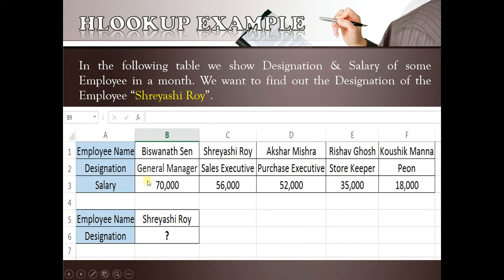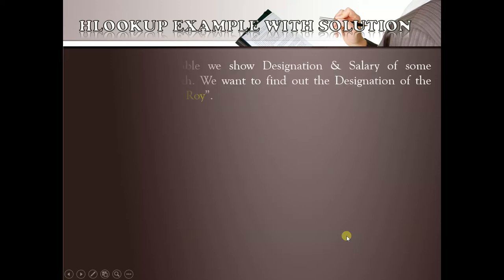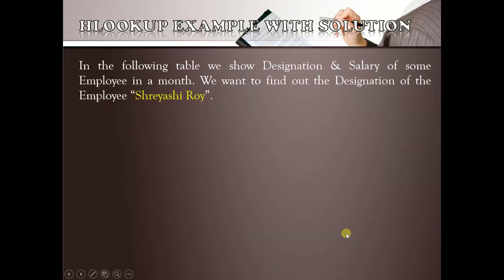The first row has the name where you are searching, and then you find the designation.